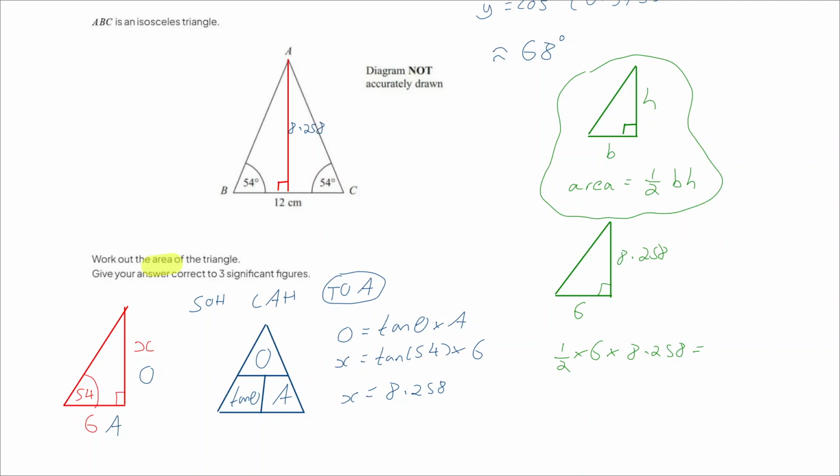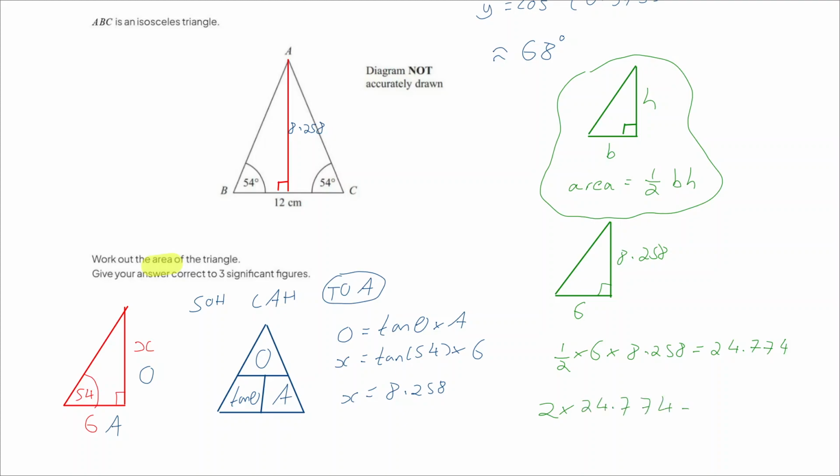So half times 6 times 8.258, and we get 24.774. This is the area of one triangle, this one here, but you've got two of the same triangle. They are congruent, they are identical. So you can just go and take your number and times it by 2, double it.